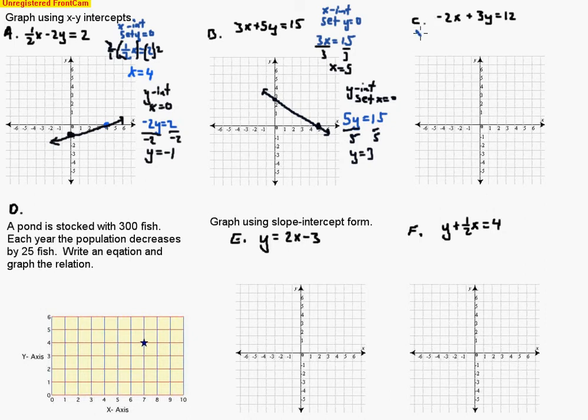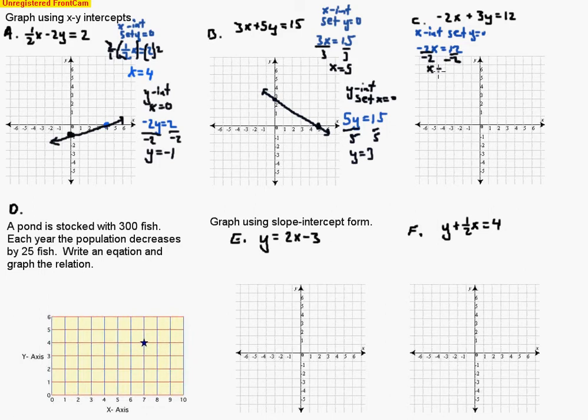And so we'll go ahead and find out what that x-intercept is, I guess that's what we've been finding first the last few times. So for the x-intercept, remember you're just going to set y equal to 0. That cancels out the y term, leaving us with negative 2x equals 12. Well, you can get the answer by just doing a one-step operation there. Divide by negative 2. And negative 2 goes into 12 6 times.